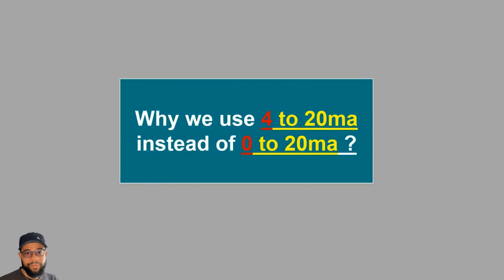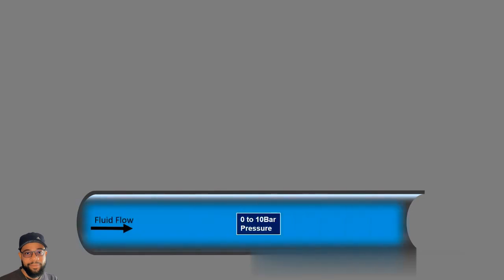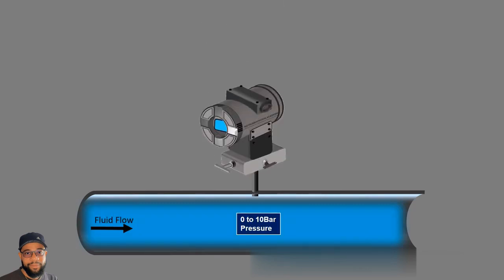Now let's discuss why we use 4 to 20 milliamperes instead of 0 to 20 milliamperes. Let's consider that a fluid passing through a pipeline exerts a pressure in the range of 0 to 10 bar. A pressure transmitter is connected which is calibrated to generate a current signal in the range of 4 to 20 milliamperes, which is proportional to the pressure being exerted by the fluid on the pressure sensor.